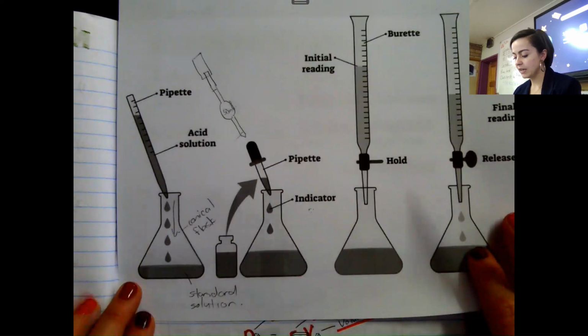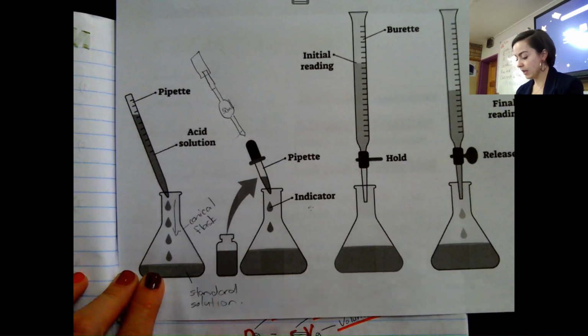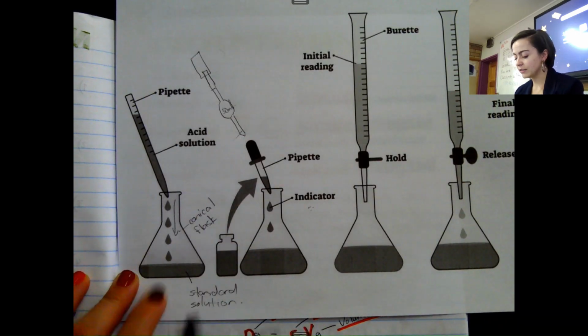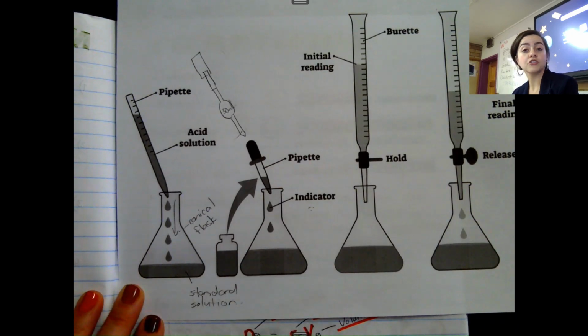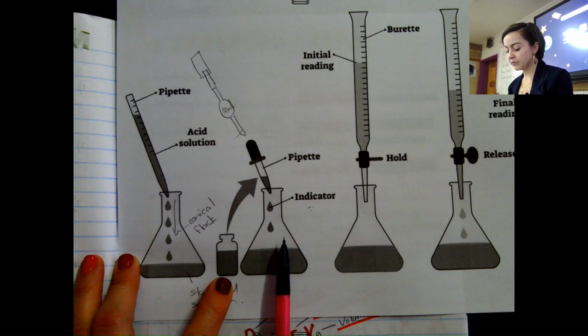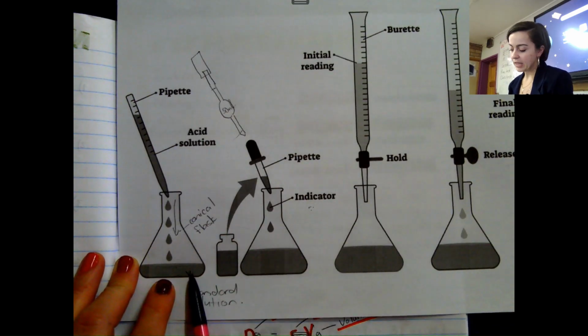So this was our acid. We used 50 ml of that acid, okay? And we had used a concentration of 0.1 mole per cubic decimeter. That was our standard solution. Then we added bromothymol blue. And the reason for that is we used hydrochloric acid.